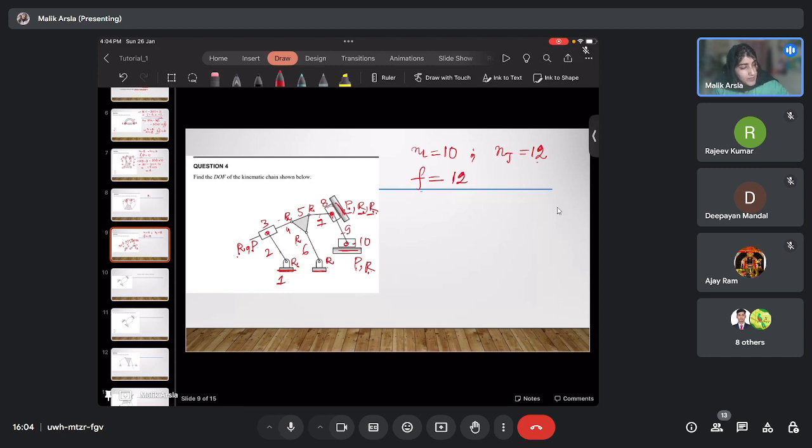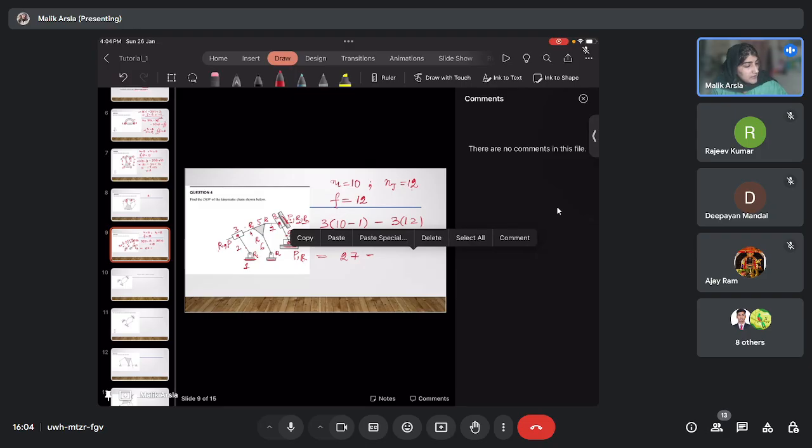Now putting this into the formula, it will be 3 into (10 minus 1), the one being the fixed link, and then minus 3 into 12 plus 12. So 3 into 9 is 27 minus... I think I made a mistake.